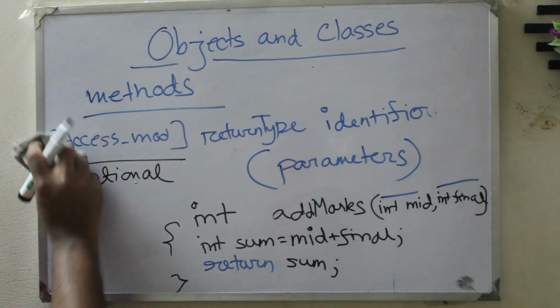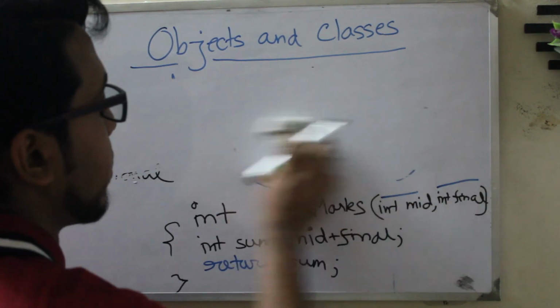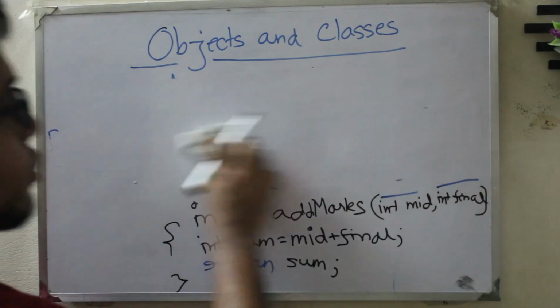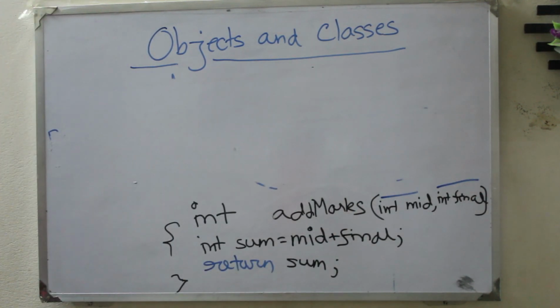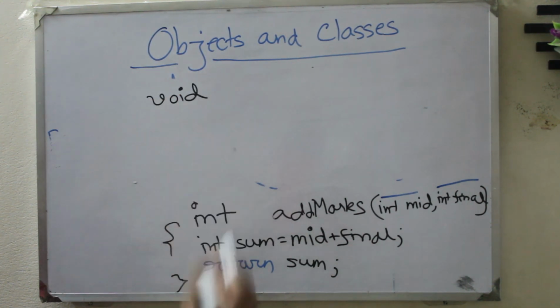So if we would have written a method which doesn't have a return type, we're going to write down the same method but it shouldn't have a return type. So what we do then, we write void when it doesn't return anything.